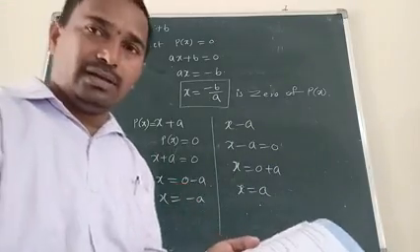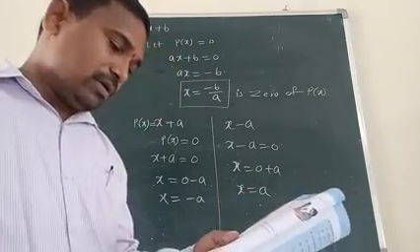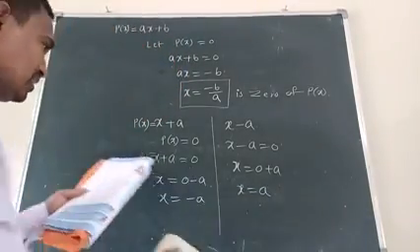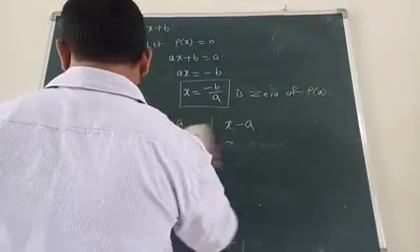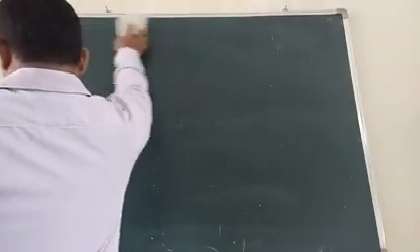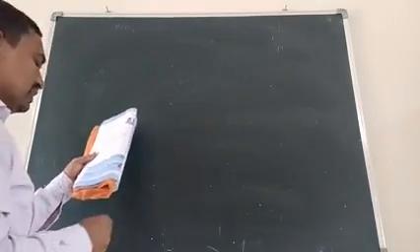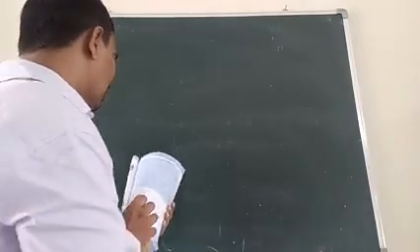Now let us go for exercise 2.2. So what is exercise 2.2? First problem. Find the value of the polynomial 4x square minus 5x plus 3 at x equal 0, x equal minus 1, x equal 2, x equal 1 by 2.